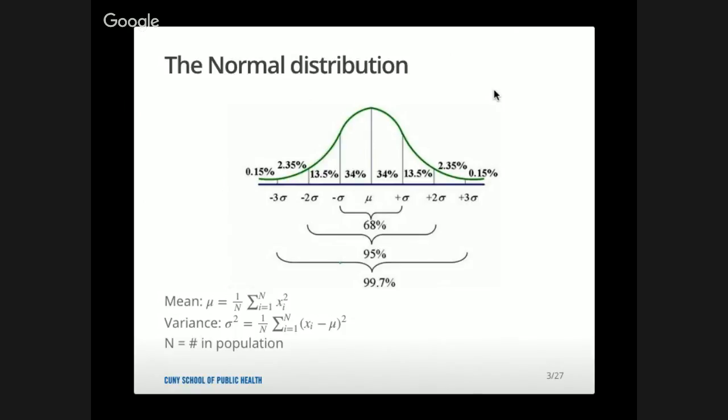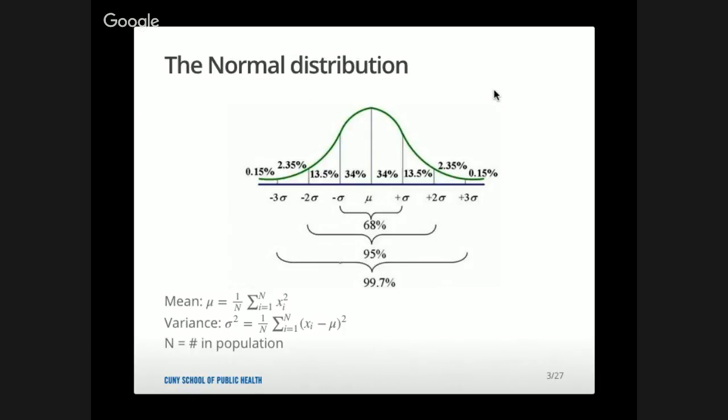Without getting into the mathematical definition of it, the things that you really need to know about the normal distribution are, one, that it is bell-shaped like this, also called the bell curve or Gaussian distribution. It's defined by two parameters, its mean and its standard deviation.